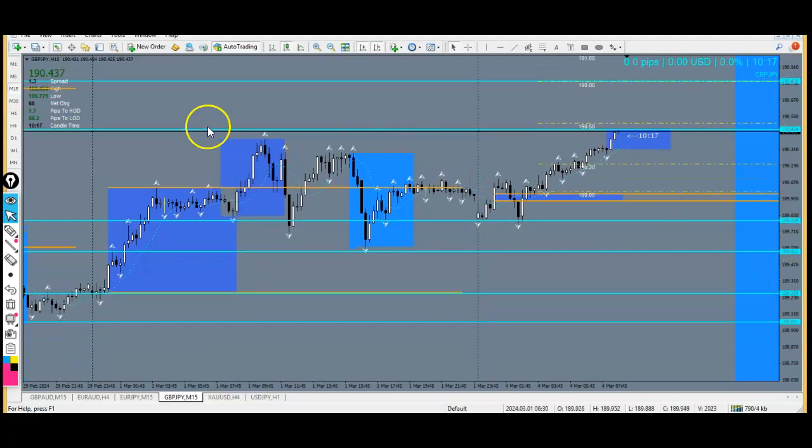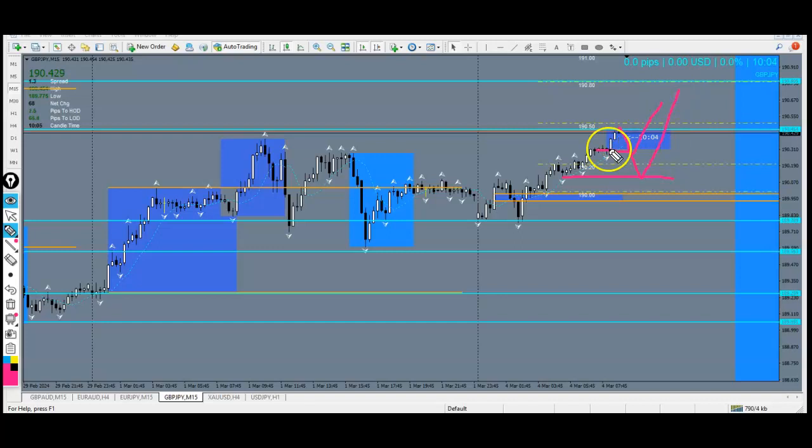It is at the highs here, so we want some pullback perhaps into this level, as long as it does not go below there, to go long, or it comes even deeper to go long, or it may just shoot up and we go long. The other alternative is that it can go in here, give us a pullback, and then fall. So we'll just play it as it's going, but right now we are bullish.